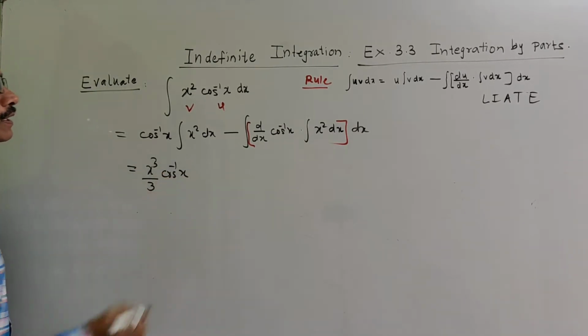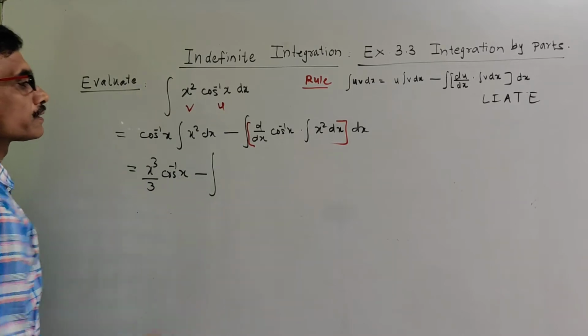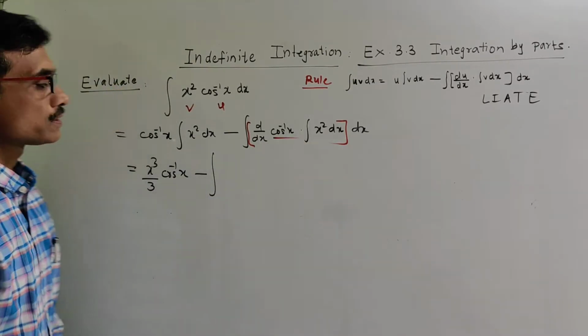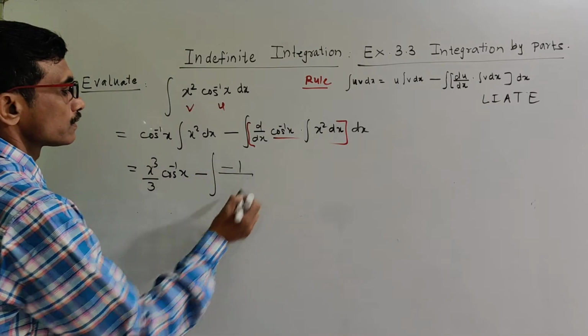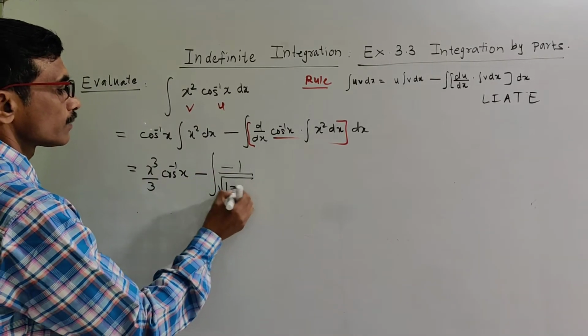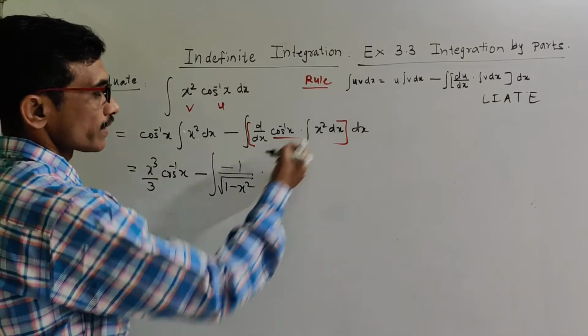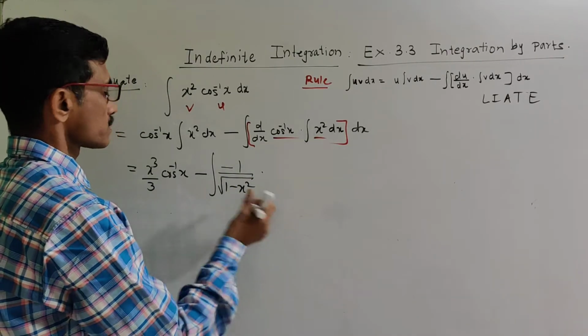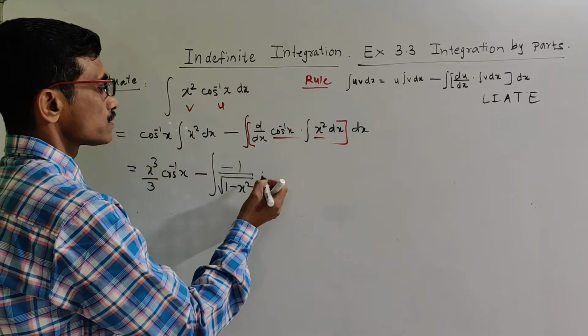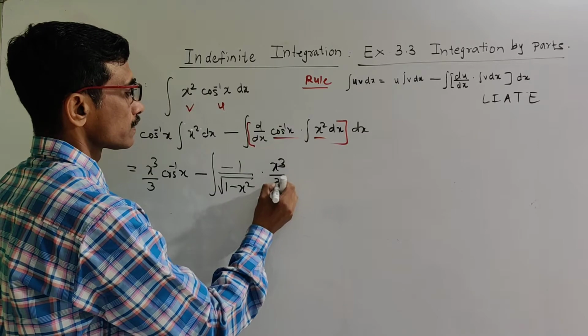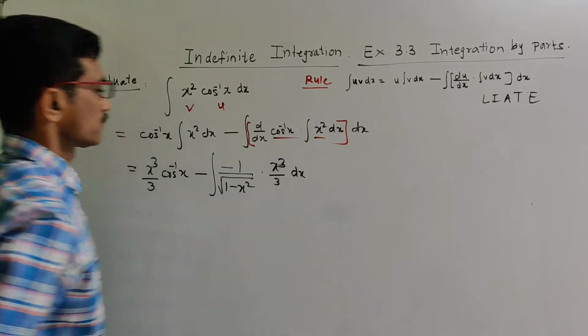So it is x cubed by 3 times cos inverse of x minus the integral of the derivative of cos inverse x, which is minus 1 by root of 1 minus x square, times the integration of x square, which is x cubed by 3, dx.